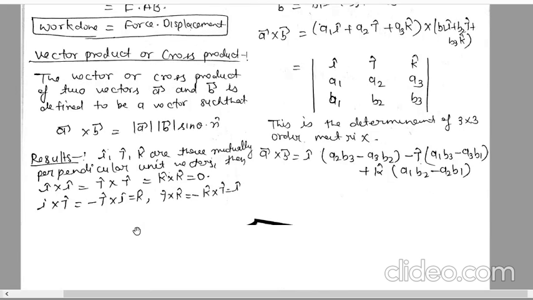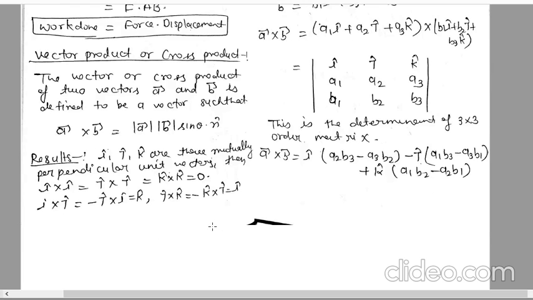There are also results here. i, j, k are three mutually perpendicular unit vectors. Then i cross i is equal to j cross j is equal to k cross k, which is equal to 0. That means the cross product of the same directions always gives 0.